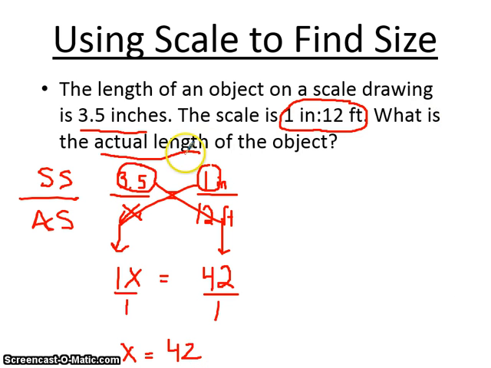So the length of the actual object would be 42, and since this was 3.5 inches, then this unknown amount would be in feet, because we need consistent relationships. Inches to feet, inches to feet. So the actual object is 42 feet in size, in length.